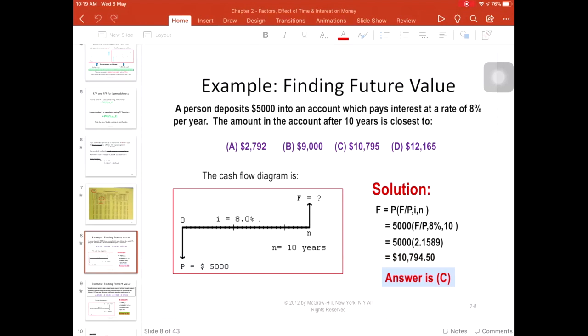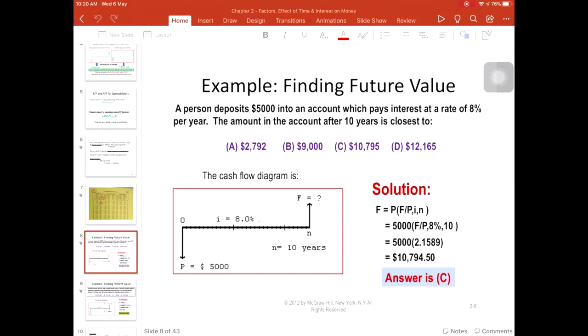The 5,000 deposit is P, so you just write F as the unknown, because you have to find F equal to P, F over P, i, n. So you know F is P, F over P, i, n.